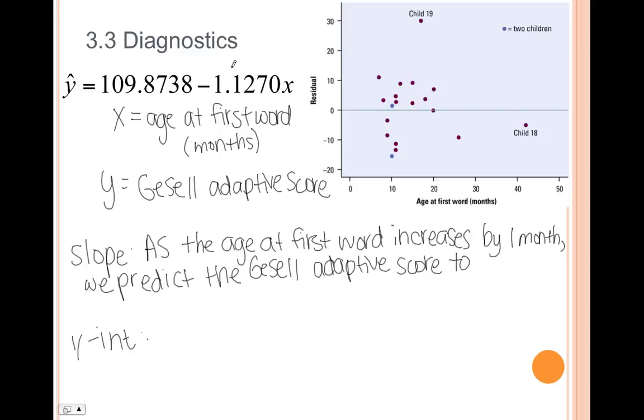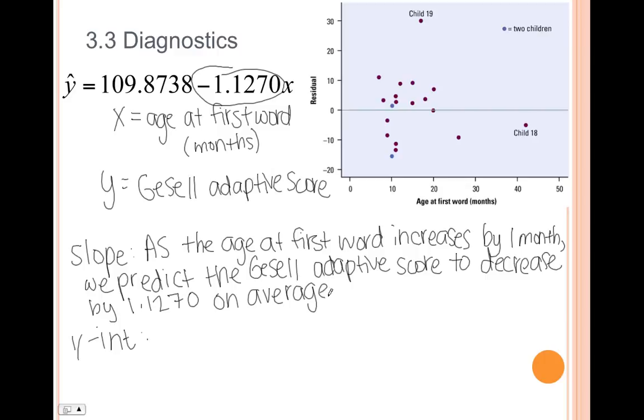No, we don't. We expect it to decrease because the slope is negative. To decrease by 1.1270. We weren't given units, so I'm just going to leave it like that. On average. So as the age at first word increases by 1 month, we predict the Giesel adaptive score to decrease by 1.1270 on average. Does that make sense in context? Yes, I think it does.